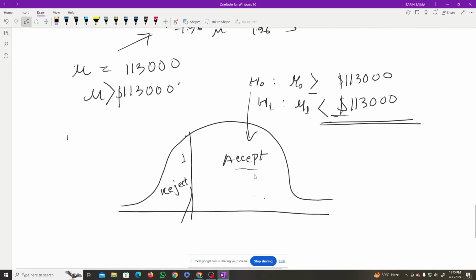Here your rejection area is on the left, but your rejection area can also be on the right.